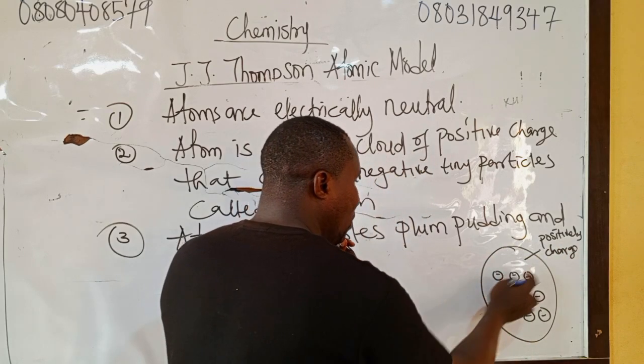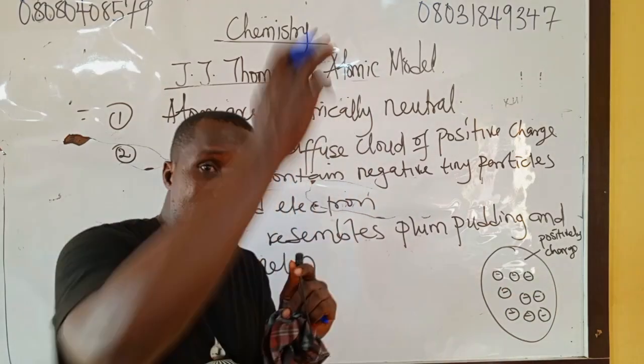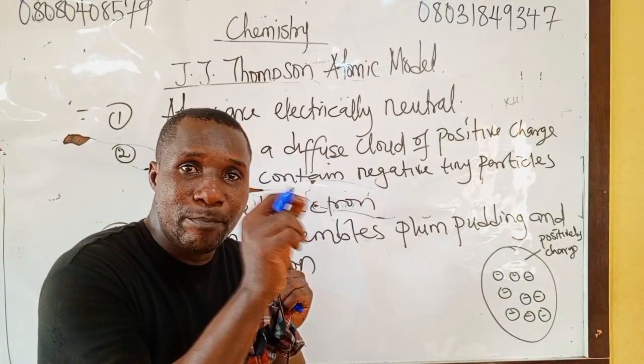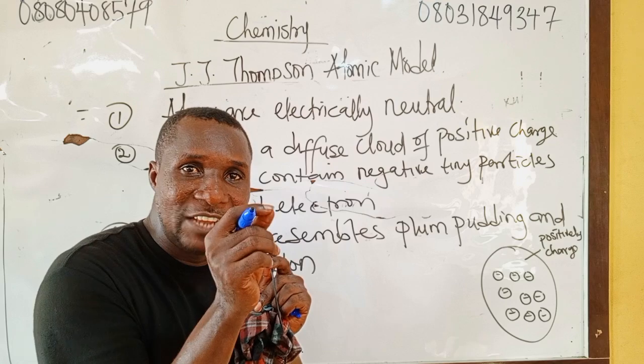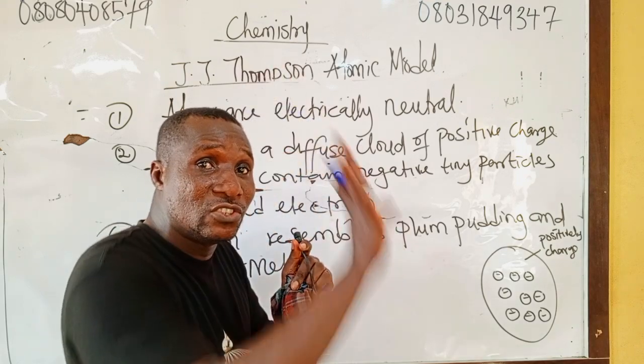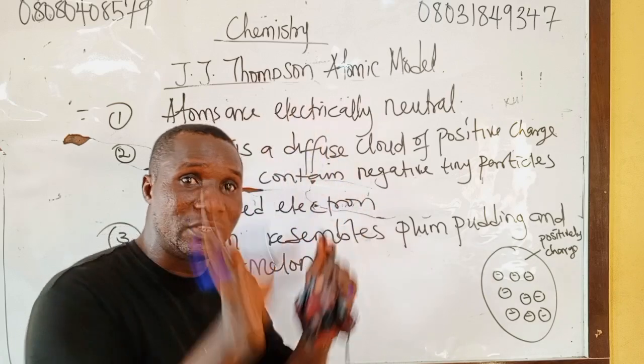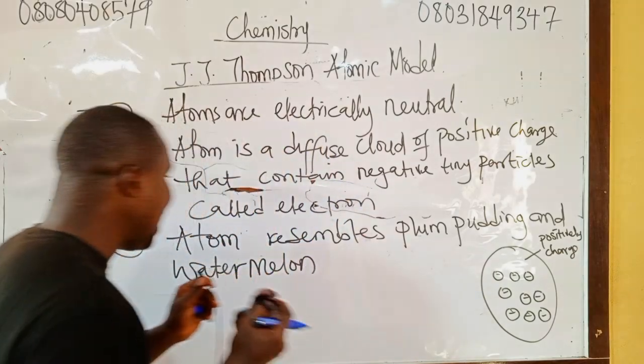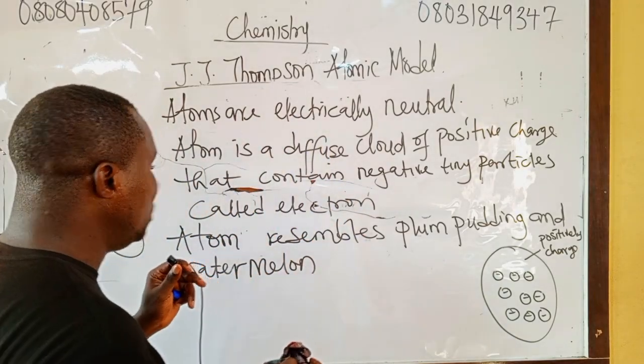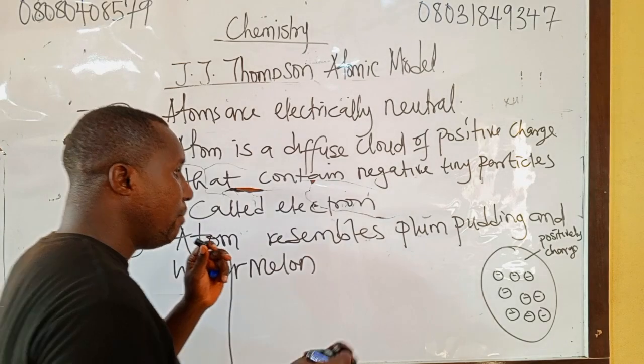They now contain what? Tiny particles. If you open your watermelon, those black seeds are called what? Electrons. While the red surface is known as the positively charged atom. The atom is like that. Take note. He said atoms resemble what? Plum pudding and watermelon.